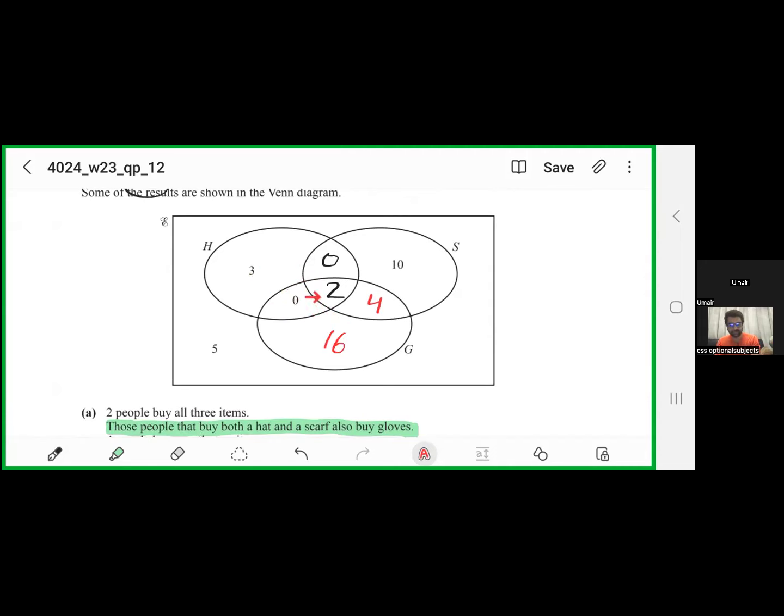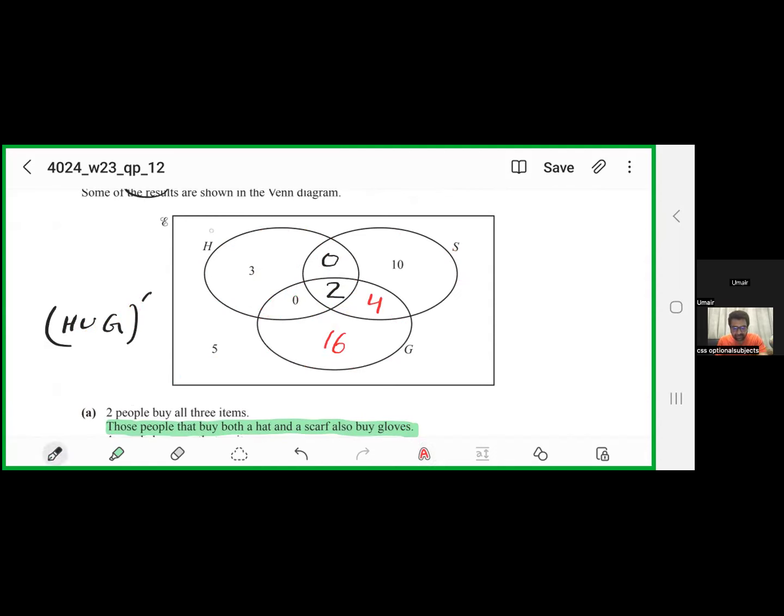But in complement, in H union G complement, you shade the region other than H union G. Complement means no H, no G. The outside region other than H and G will be shaded.